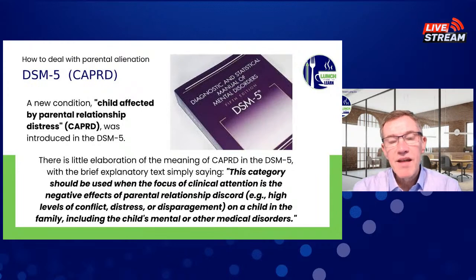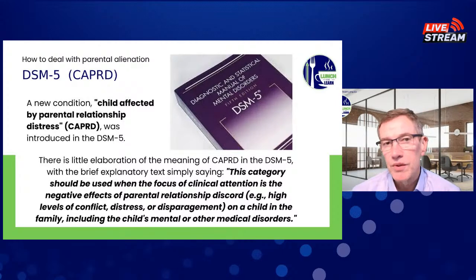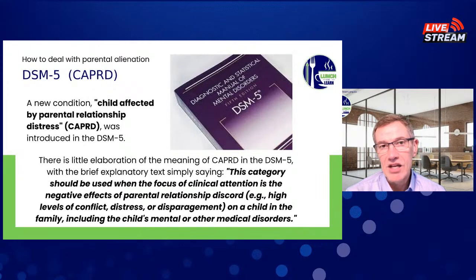Now, in terms of South African law, and it's recognized worldwide, we have the Diagnostic and Statistical Manual of Mental Disorders. This is basically a guidebook used by psychiatrists and psychologists for defining medical or mental conditions. In the latest DSM-5, there is no reference made to parental alienation as such as a mental condition.